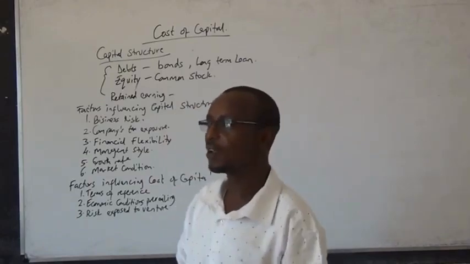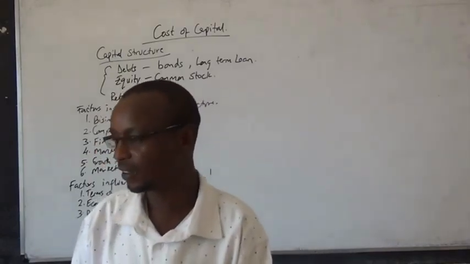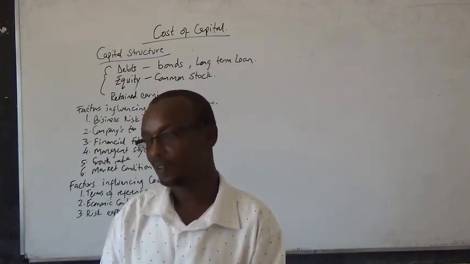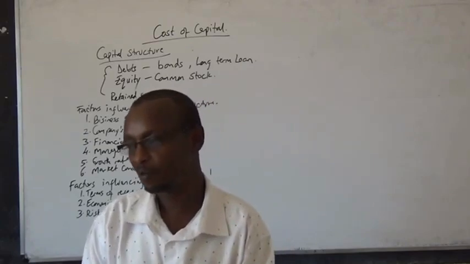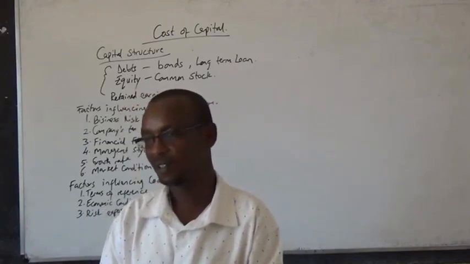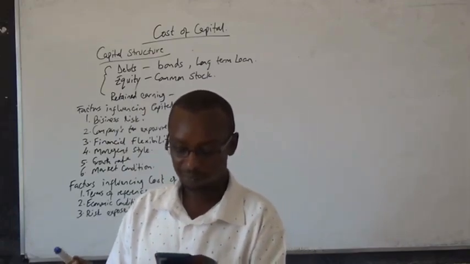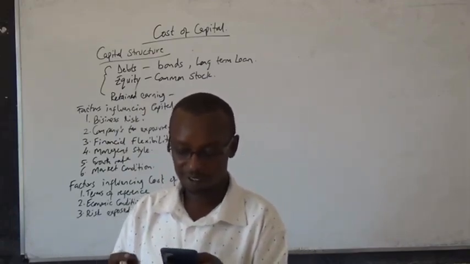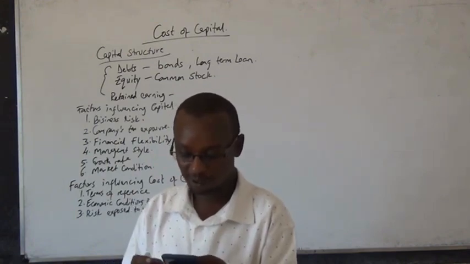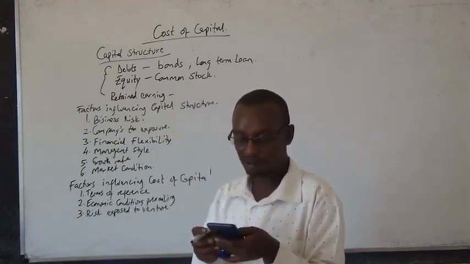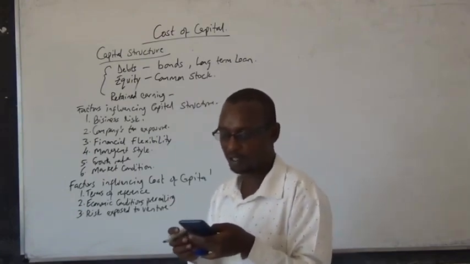So if a company does business which is high risk, when they go to borrow a loan, they are charged high interest. Okay, that's common. So the lenders are paid high costs to induce them to avail finances, because the element of risk will be added to the cost of finance.